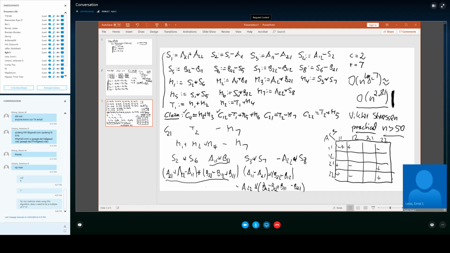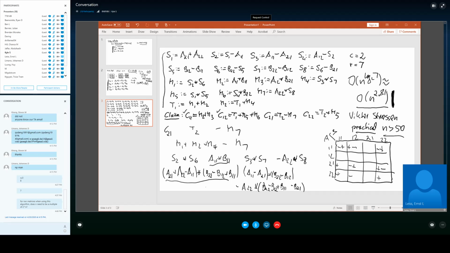Then we do this, A11 minus A21, with B22. So A11, B22 with a plus, and B12 with a minus, and then A21, B22 with a minus and a plus. Minus is plus.